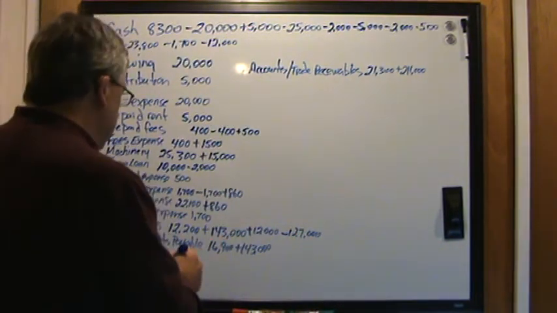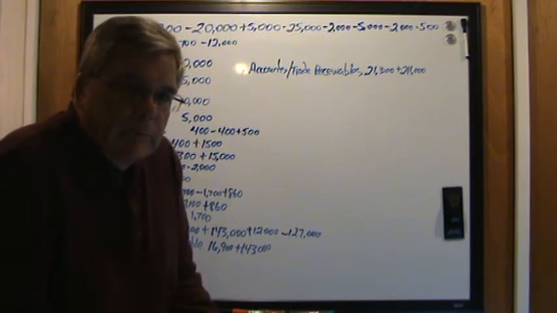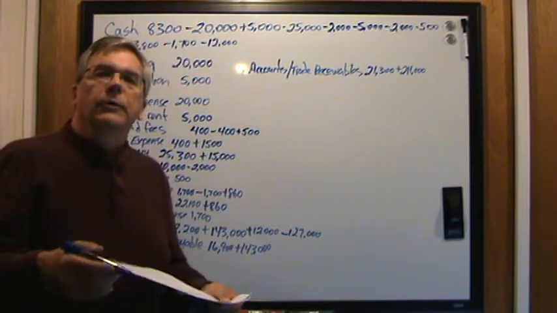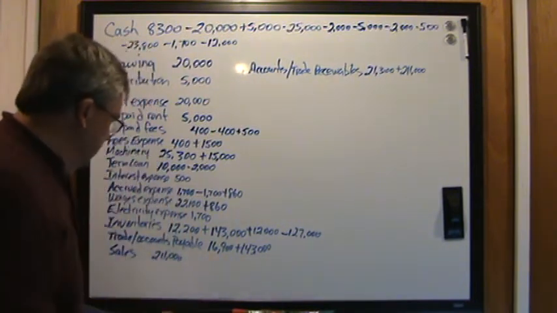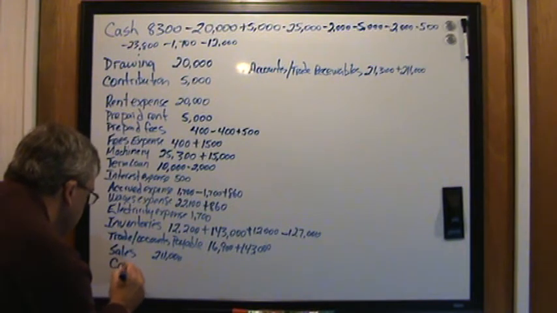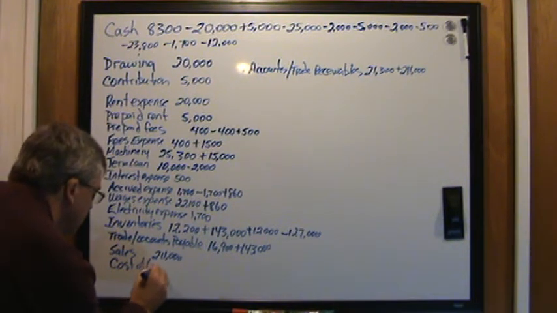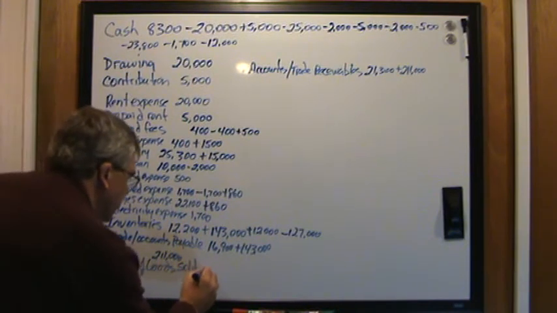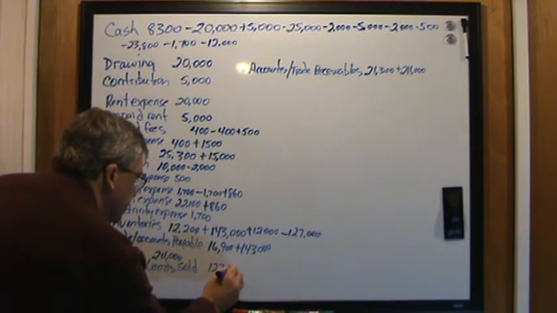And the cost, because that represents the cost of what was sold, and we know that cost of goods sold is part of the income statement. So cost of goods sold goes up 127,000.